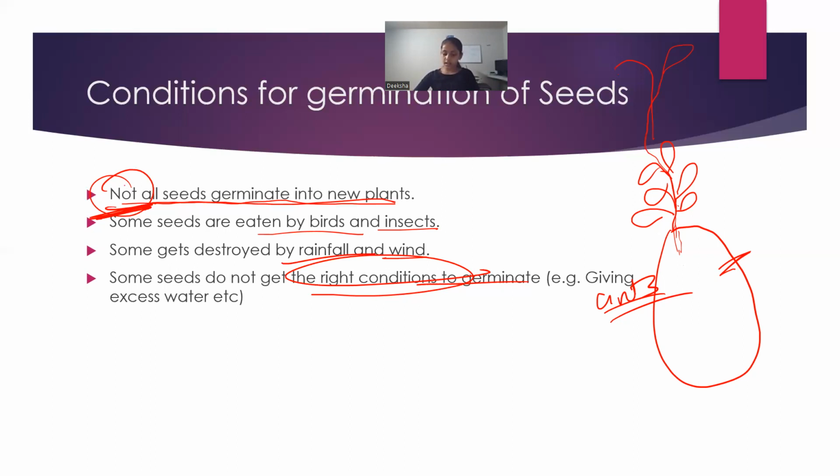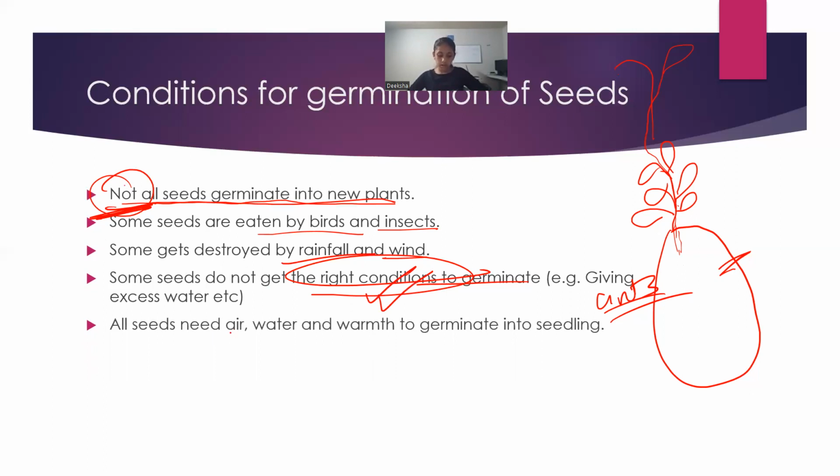If I give too much water... A seed needs water, sunlight, and air. They have to breathe also, no? So if the right condition is not given to the seed, the seed will not germinate.